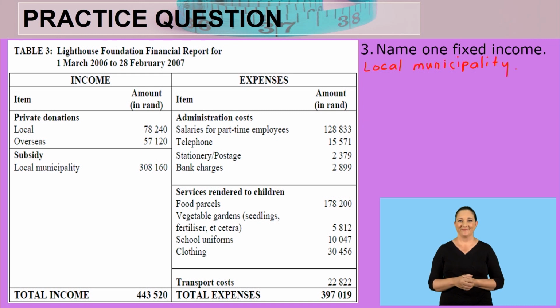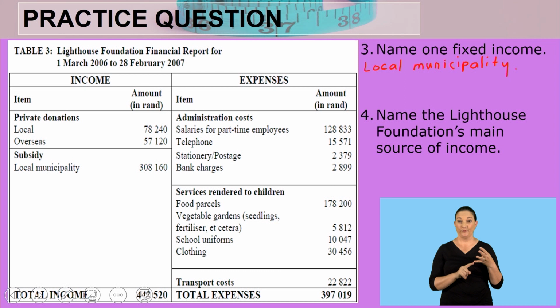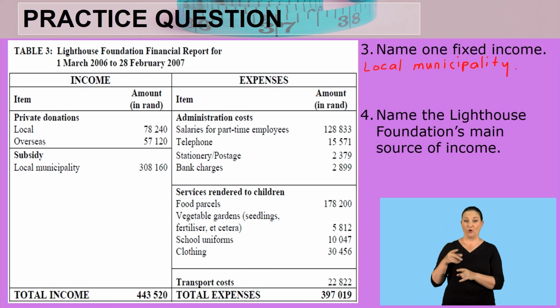Here we go. Question 4. Name the Lighthouse Foundation's main source of income. The main source of income will likely be the income that's the highest, the biggest amount there. So if I read private donations, local and overseas, are not as high as the subsidy of 308,160 Rand.